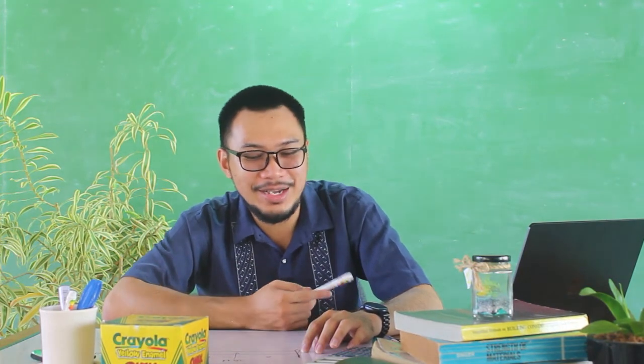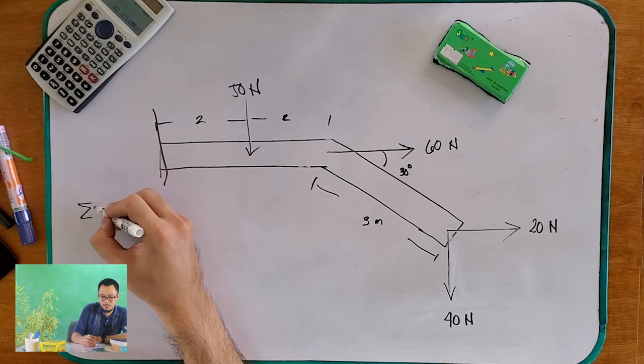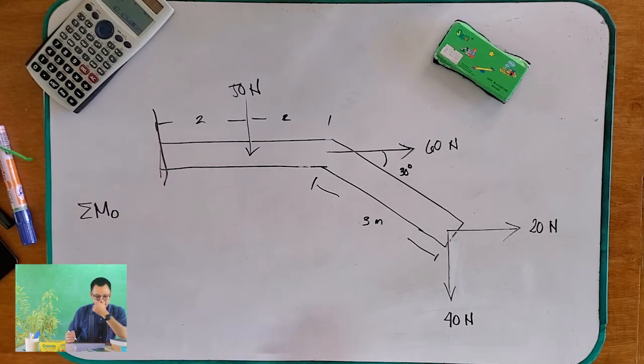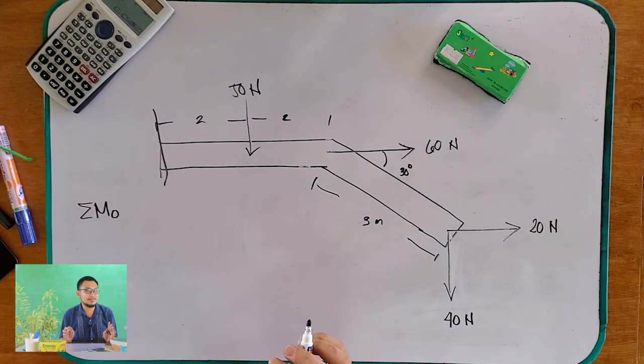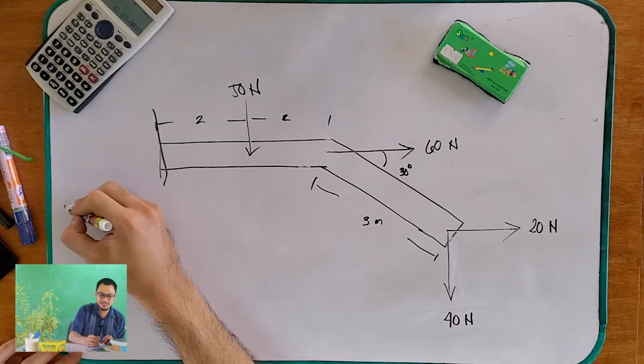Sige, atong una buhaton, summation of moments at point O. Let's assume a positive direction. Atong positive nga direction is going counterclockwise. Mao nang akong usual nga gamiton.